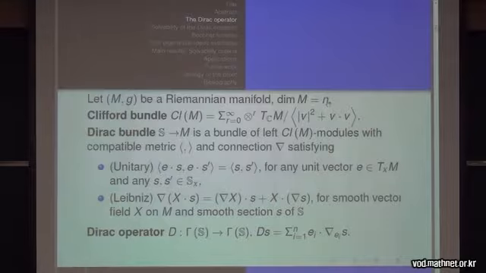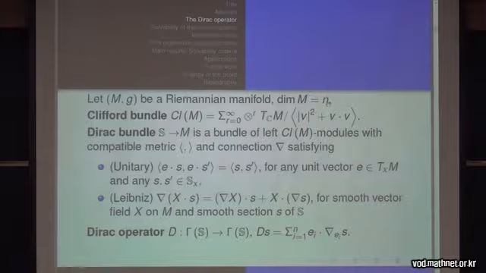Let's start with some basic notions. Let (M, g) be a Riemannian manifold, and the dimension is n, and we define the Clifford bundle as the quotient of the vector bundle of tensor algebras by the ideal generated by such elements, where v squared is the norm squared defined by the Riemannian metric, and here the dot is Clifford multiplication.